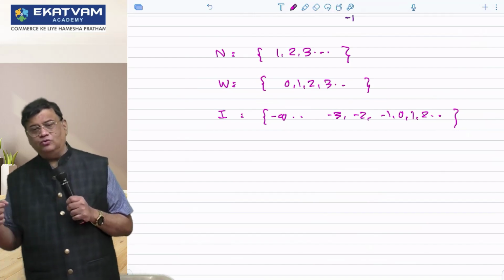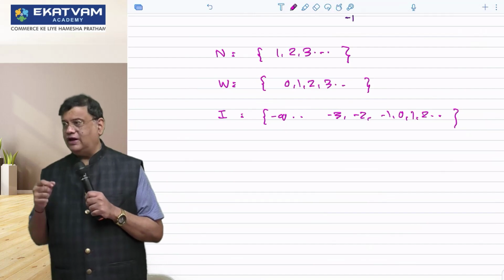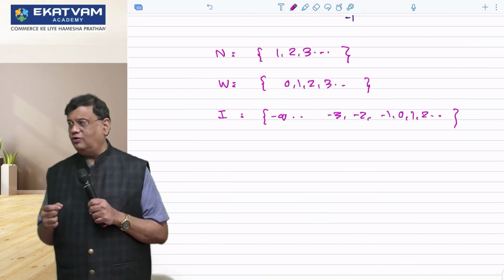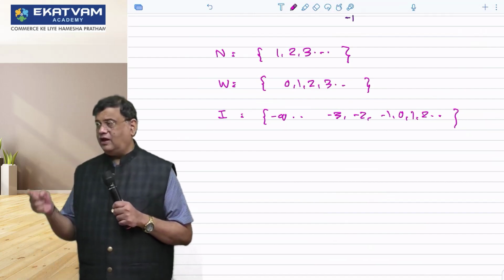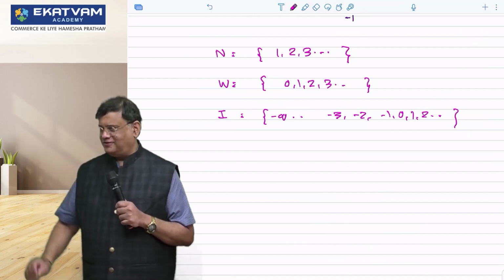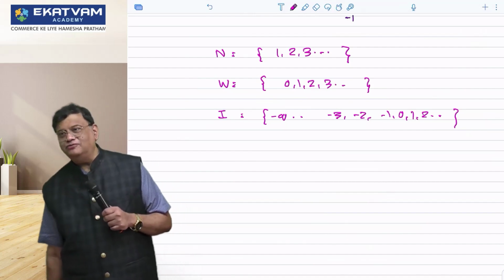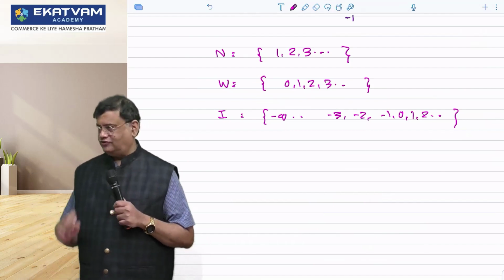So 1 by 2 is what? Rational number. 2 by 4 is what? Rational number. 3 by 5 is what? Rational. So when you have integers plus fractions, you get what is called the set of what? Rationals.